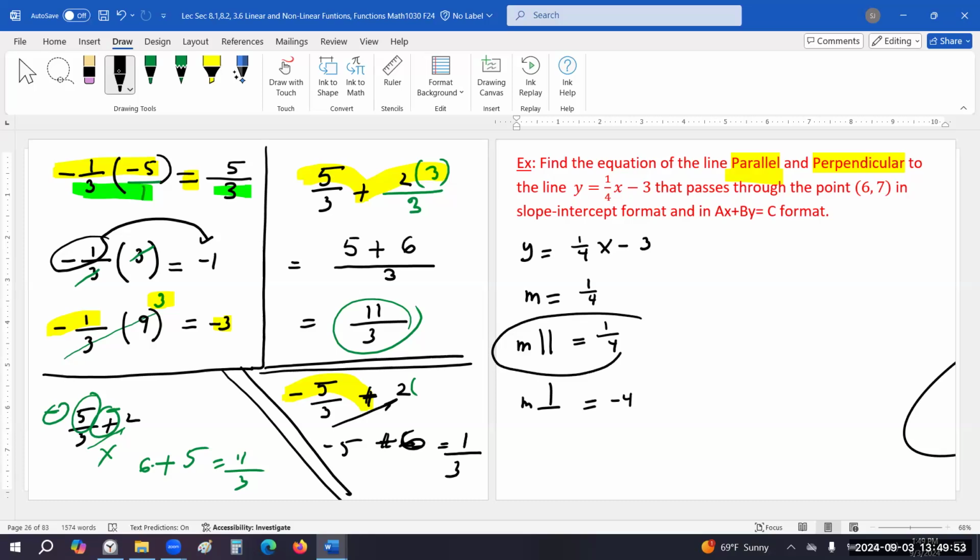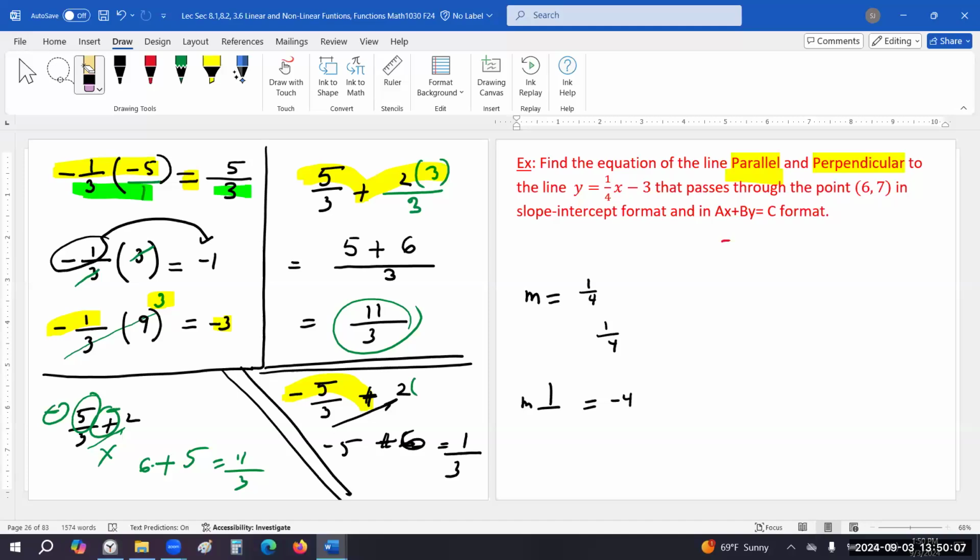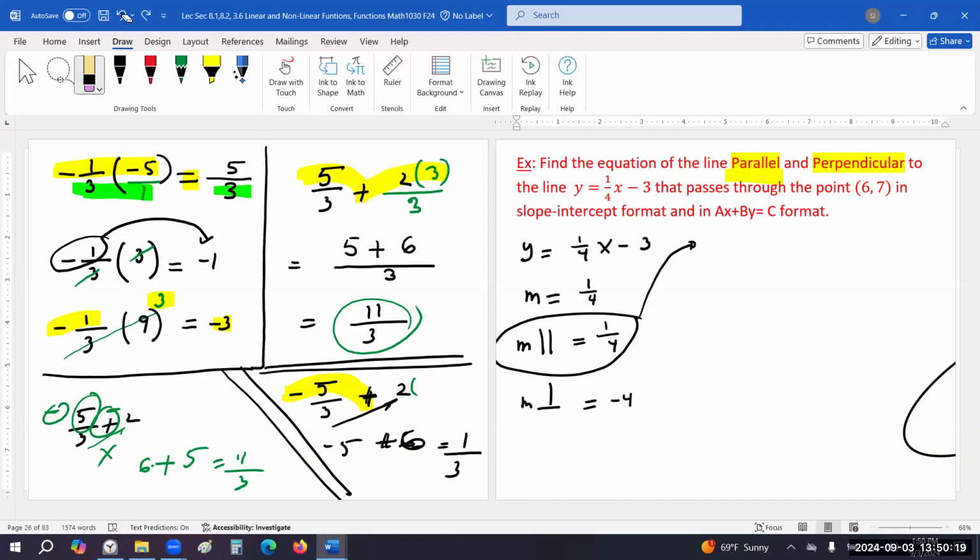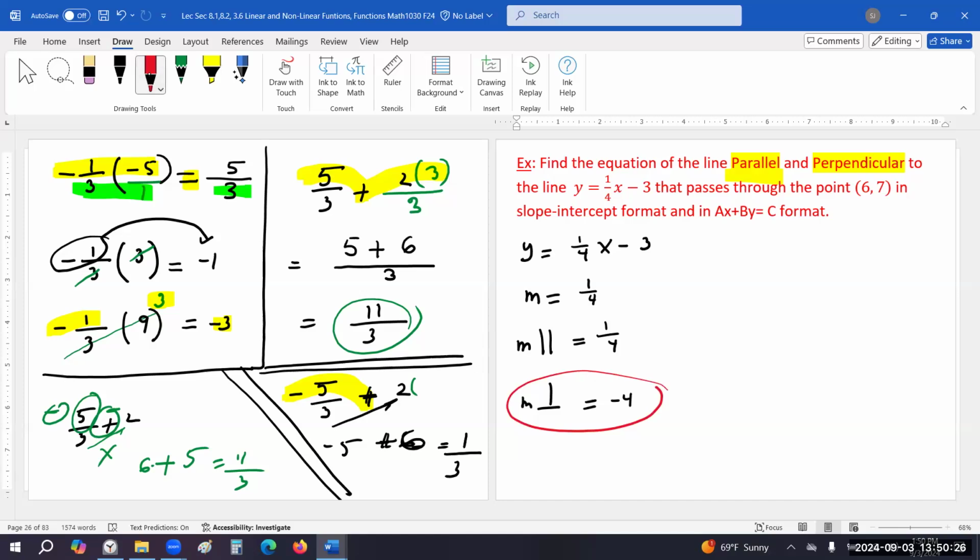So, the first one is the parallel line. Equation of, actually, let me do the perpendicular first, because I have small space here.